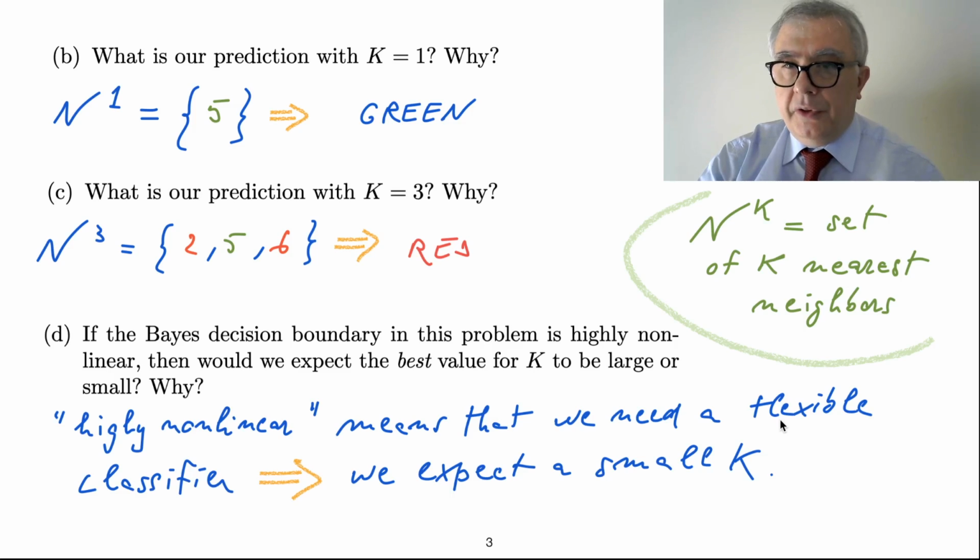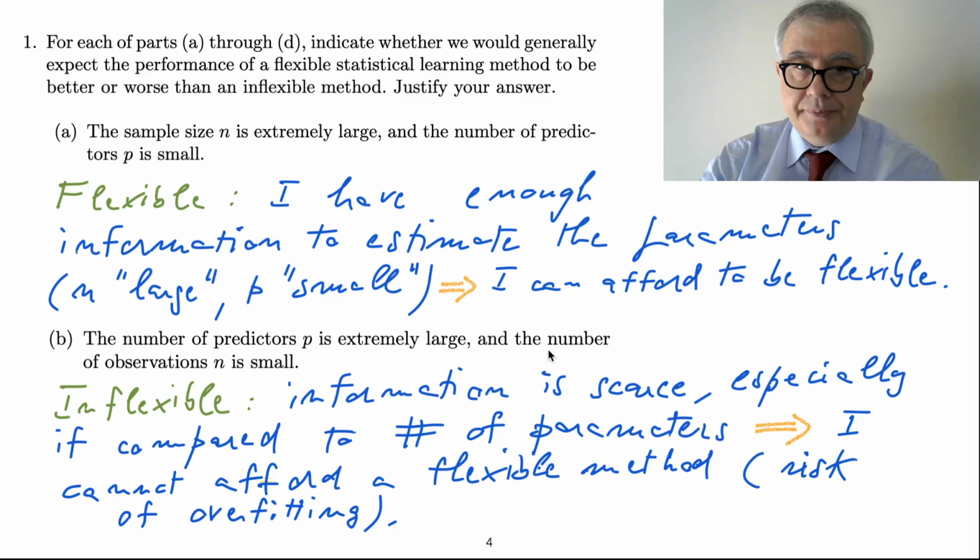And therefore, if you want to have more flexibility, you should use nearest neighbors with a relatively small number for k. Because if you use a very large k, you're going to regularize and you won't be able to follow a highly nonlinear decision boundary. That's all.